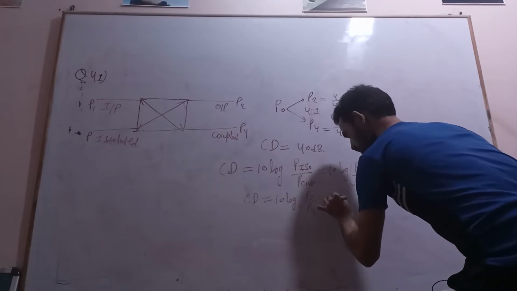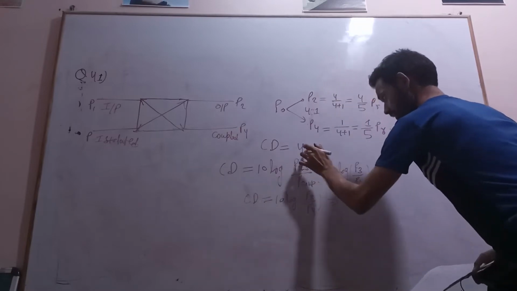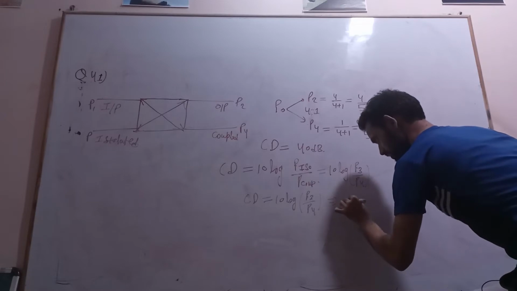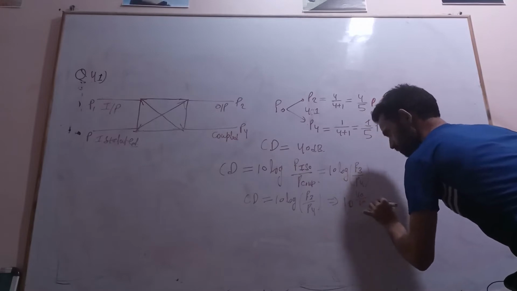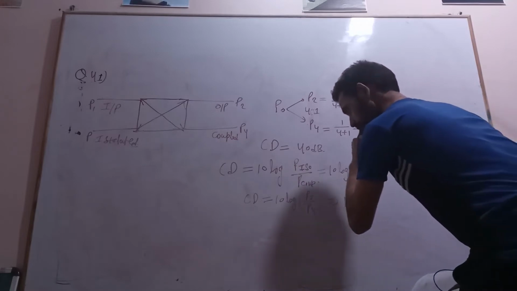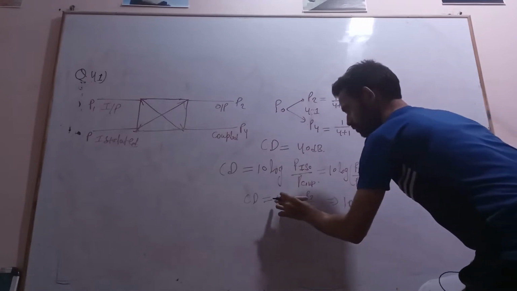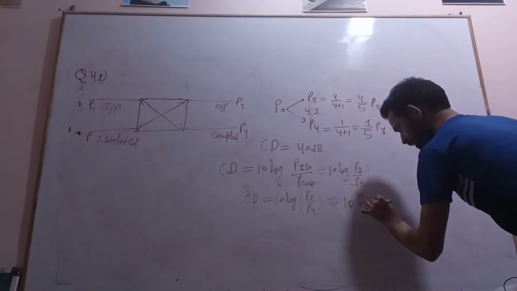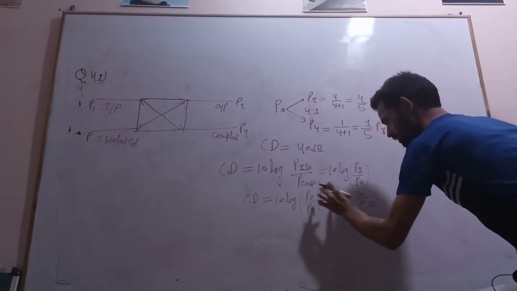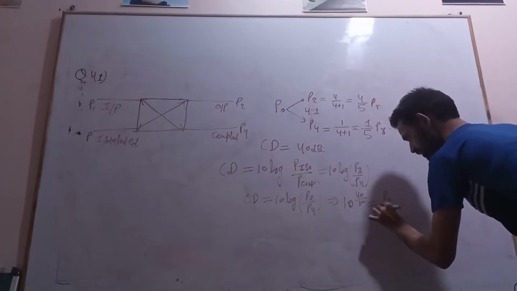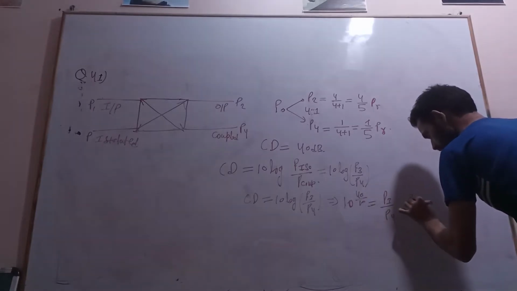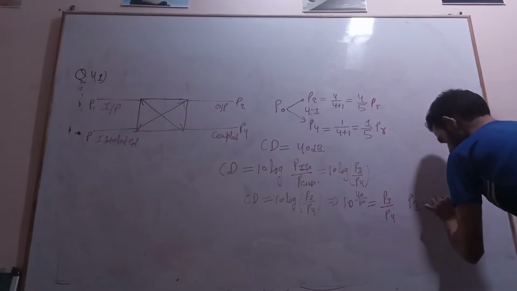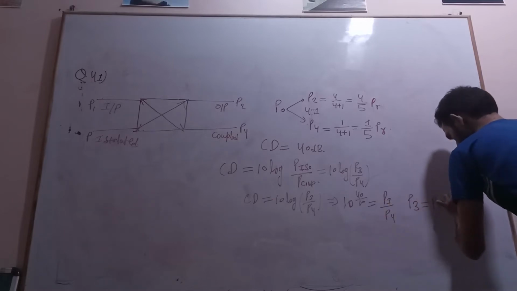How much is it given? Coupler directivity is 40 dB. 40 dB means 10 to the power 40 by 10, so to convert from log form to linear form, P3 by P4 equals 10 to the power 4. So P3 is equal to P4 into 10 to the power 4.